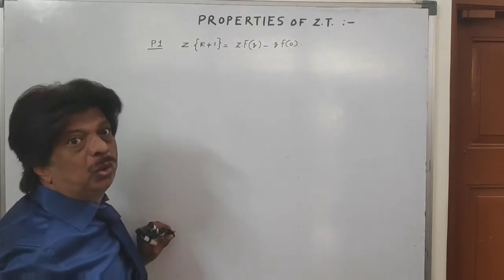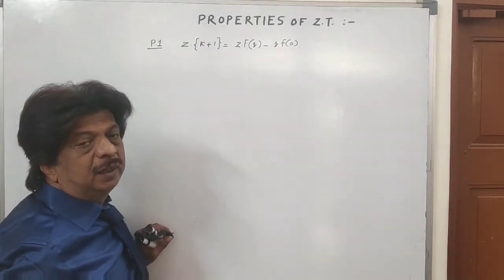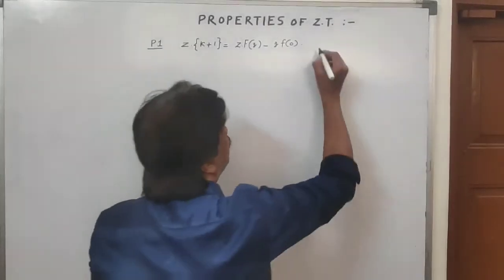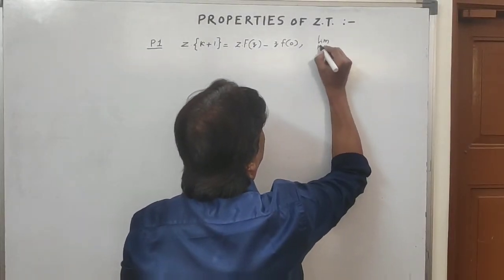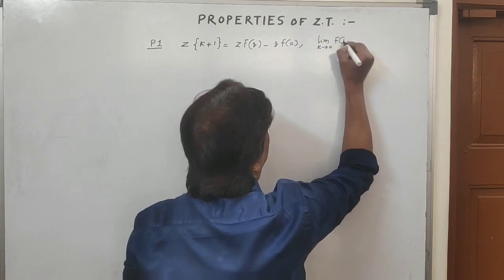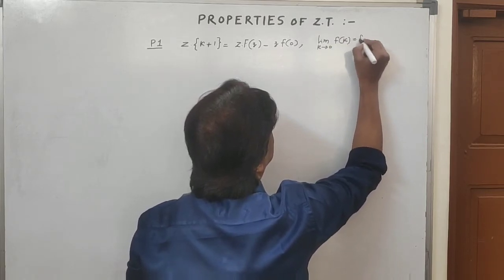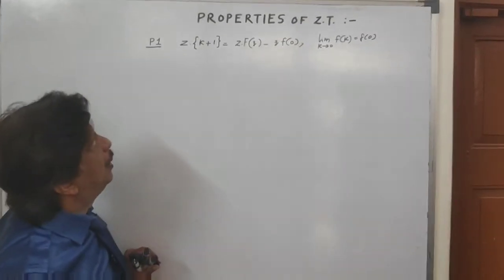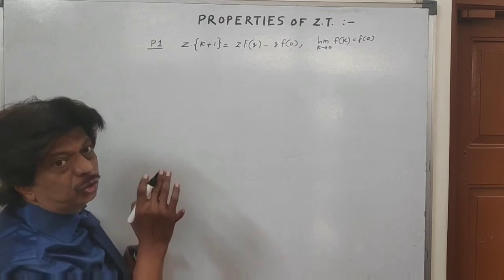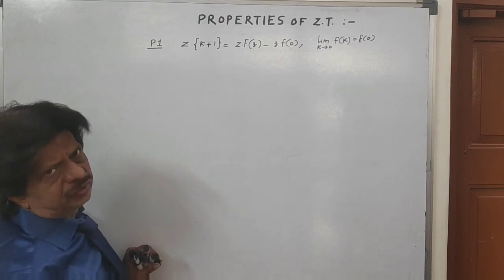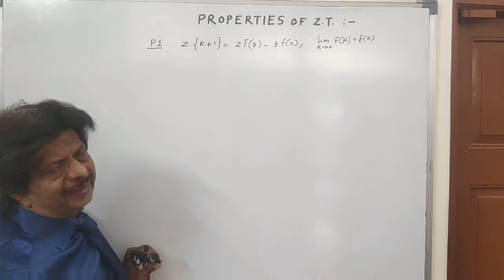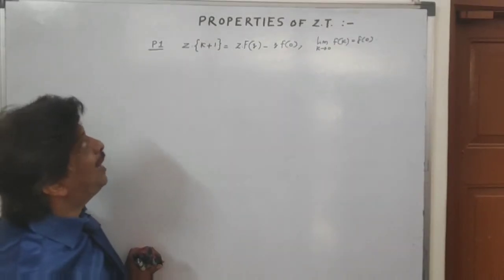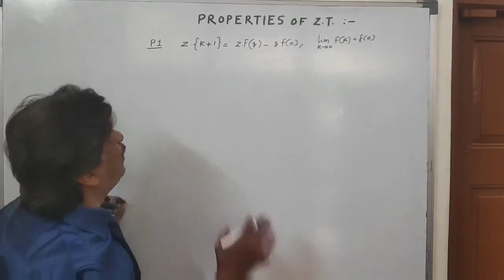This f of 0 is the value of f of k at k equal to 0, which should be noted. This we use in solving difference equations. Z transform of f of k plus 1 is z f of z minus z f of 0.